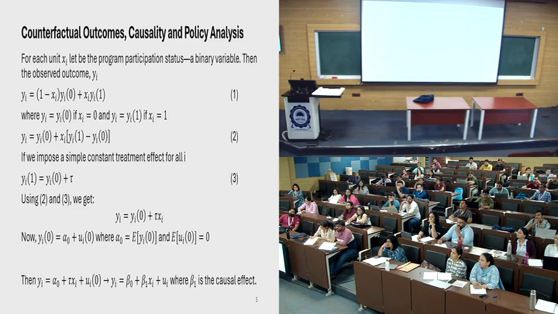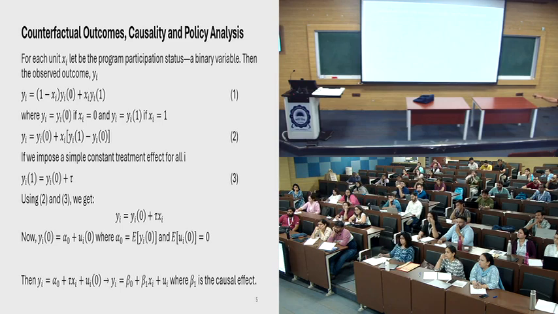Similarly, given this, I can then write Yi, substituting the value of Yi0 as alpha 0 plus ui0, as alpha 0 plus tau Xi plus ui0, which in terms of a regression model I can express as Yi equals beta 0 plus beta 1 Xi plus ui, where beta 1 is nothing but the causal effect. Is it clear?